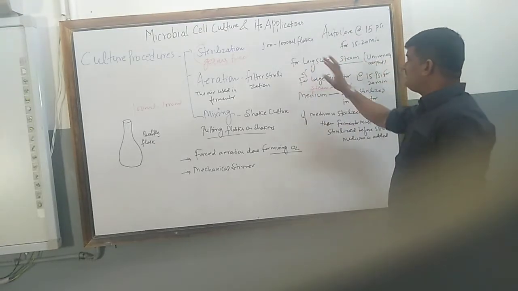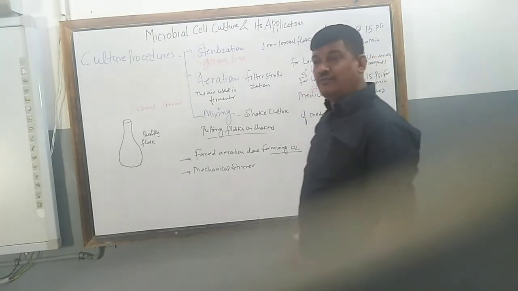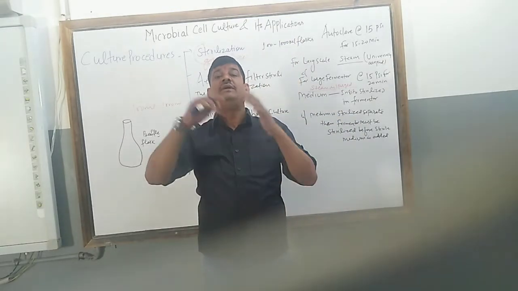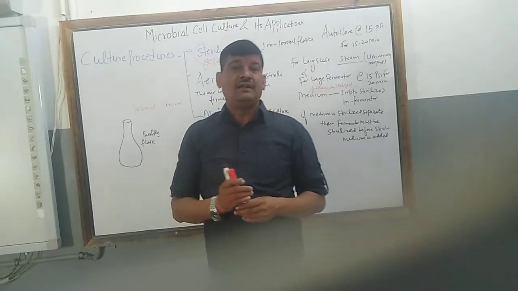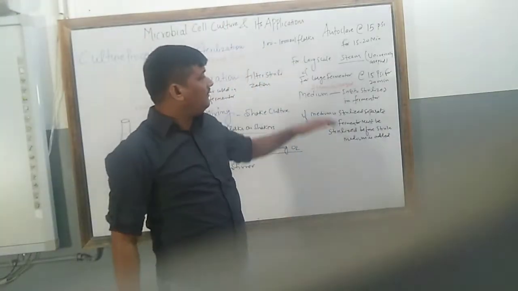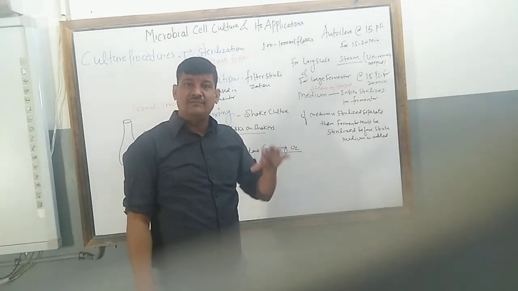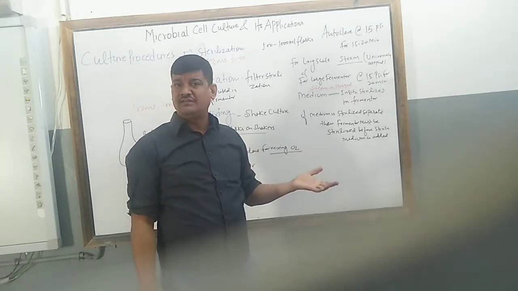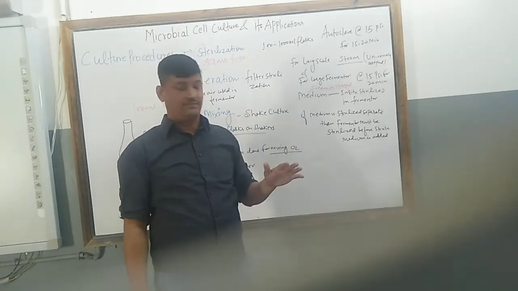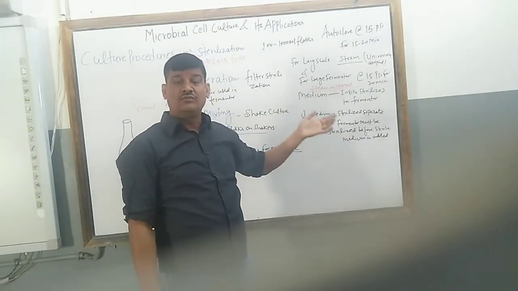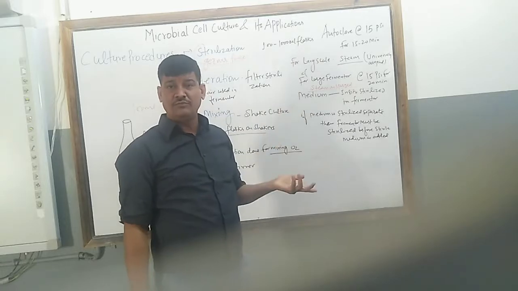But for large scale production, that is when we are using a fermenter, you know that fermenters are big metallic vessels where we add the culture material, microorganism, nutrient medium, etc. in appropriate proportion, and it is more than 1000 liters. So here autoclaving is not possible.